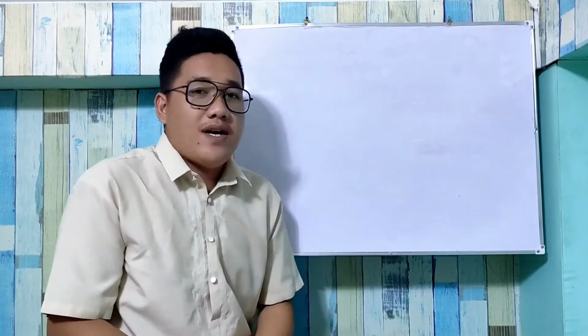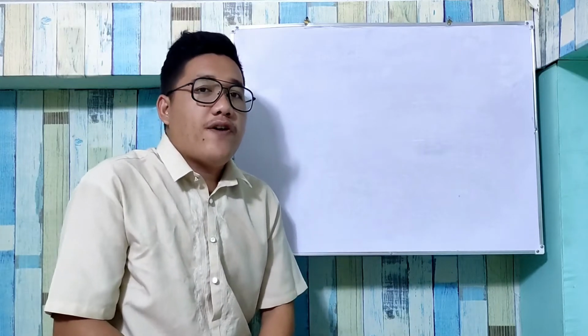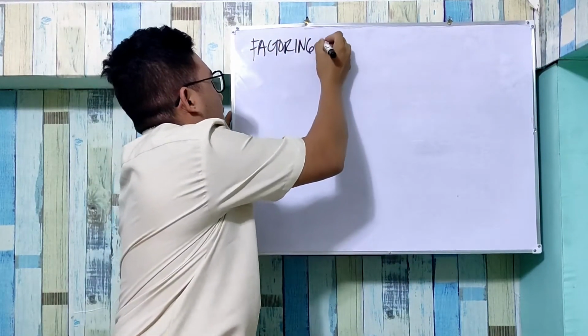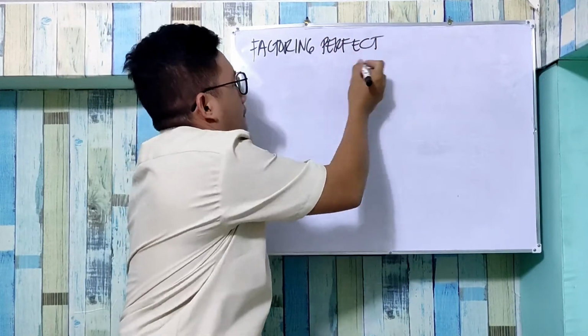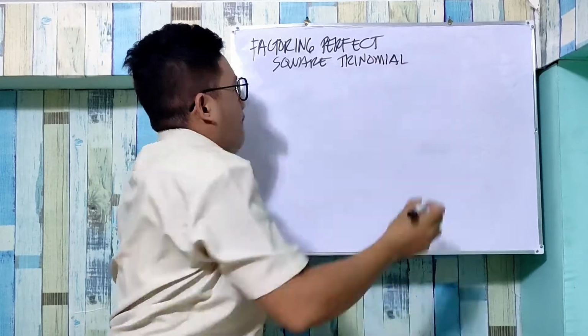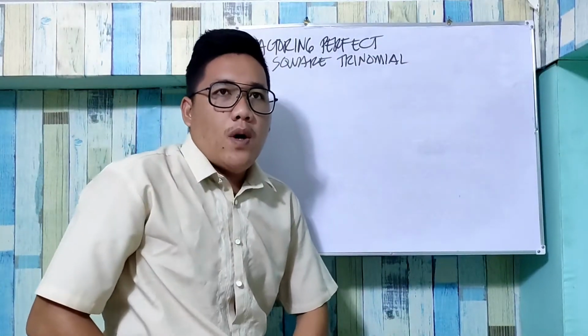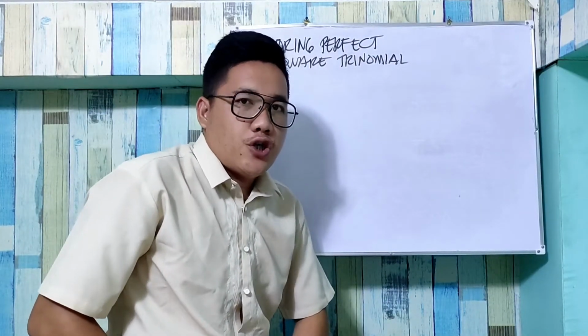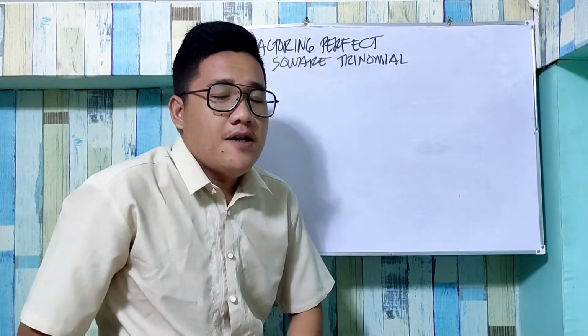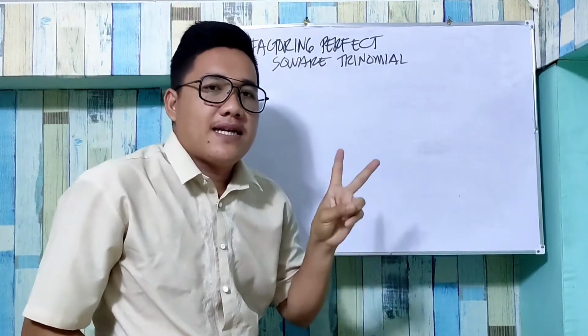This is so easy. Napakadali rin itong factoring nito na perfect square trinomial. So, kailan matatawag ng isang expression or trinomial is a perfect square trinomial? So, may dalawang bagay tayong dapat tandaan.